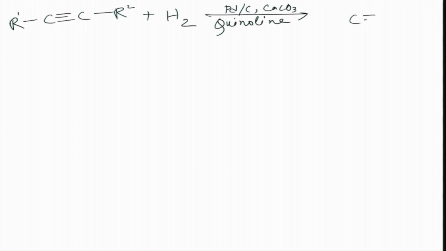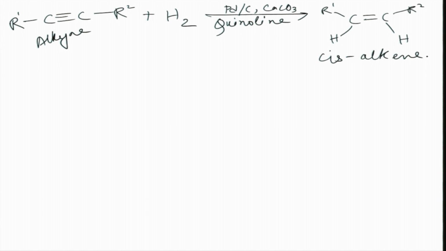This will give this, that is the cis alkene. This was the alkyne, this is the cis alkene. Now, we will see the mechanism of this reaction.